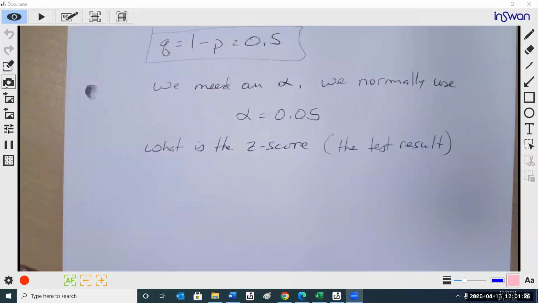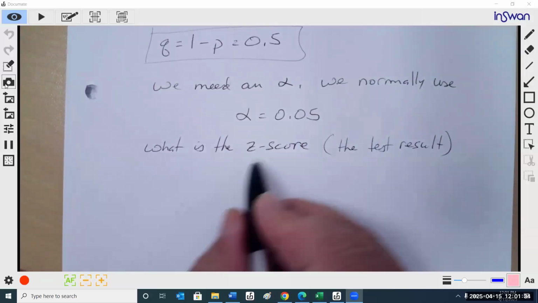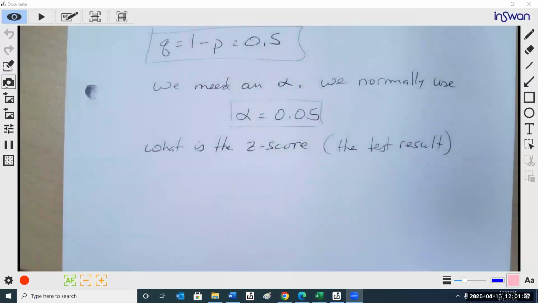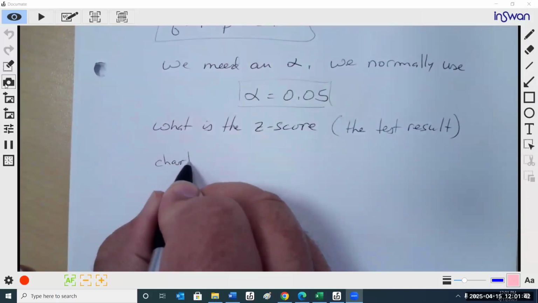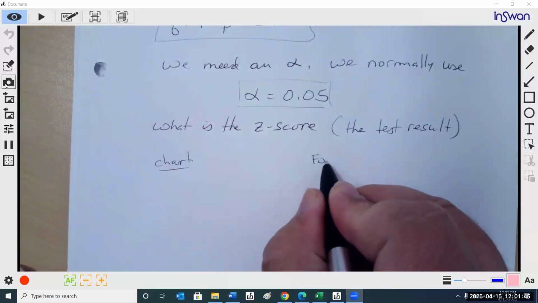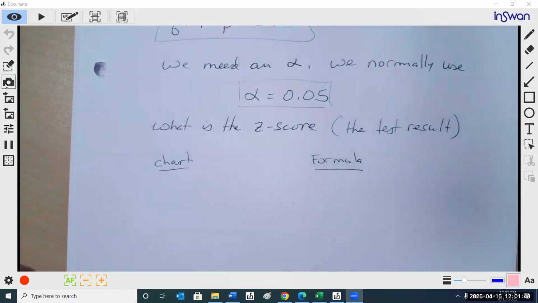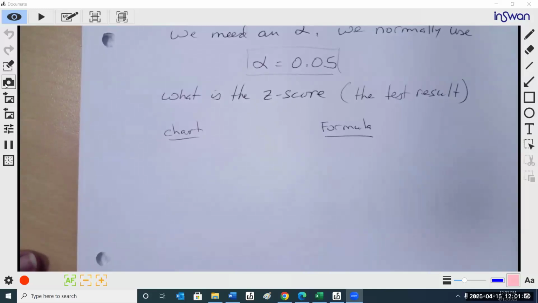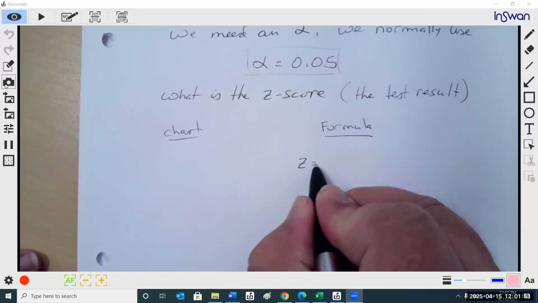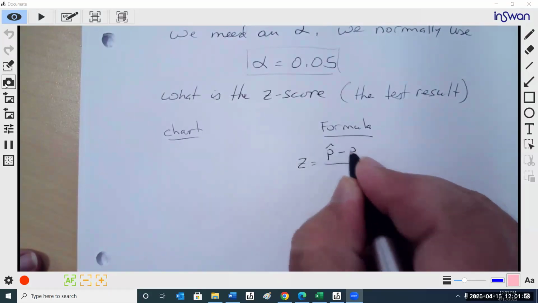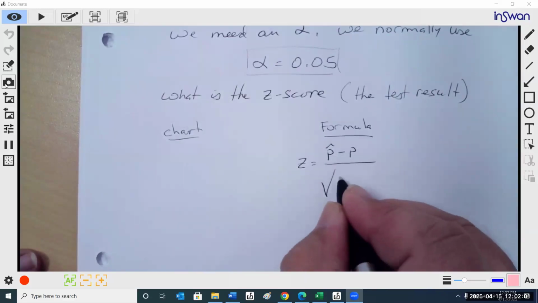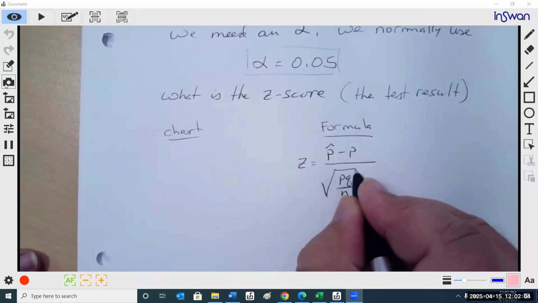There's two ways we can do it. Let's look at both ways. We know what the alpha is. We can find it through the chart, or we can use the formula. If we use the formula, we have p hat minus P over the square root of PQ over n.